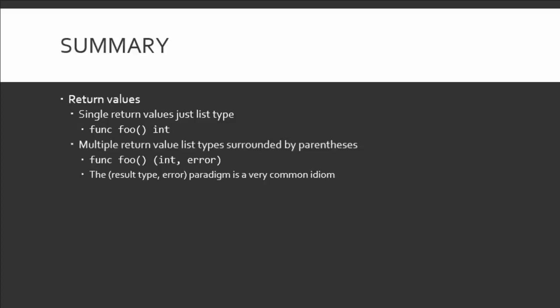Once your function finishes doing its work, a lot of times we want it to return a value back out. And in order to get that information back out, we're going to use return values. So if you have a single return value, all you need to do is list the type. So in this case, our foo function needs to return an integer. We can also specify multiple return values. So if we're going to do that, we need to put parens around the types that we're going to be returning. So in this example, we're going to be returning an integer and an error.